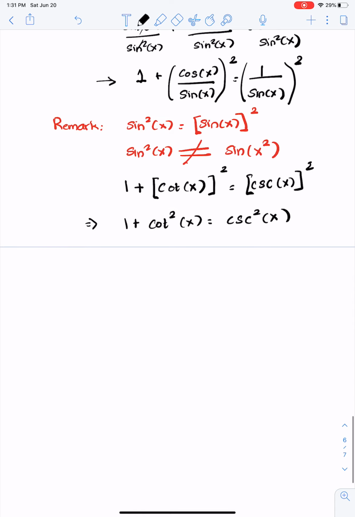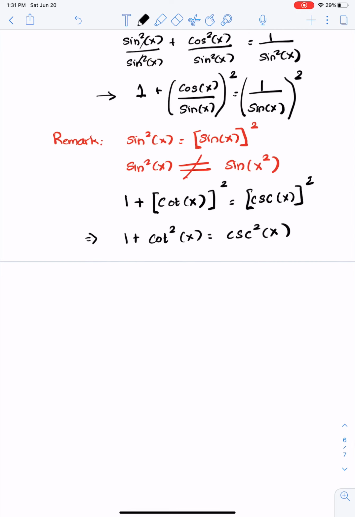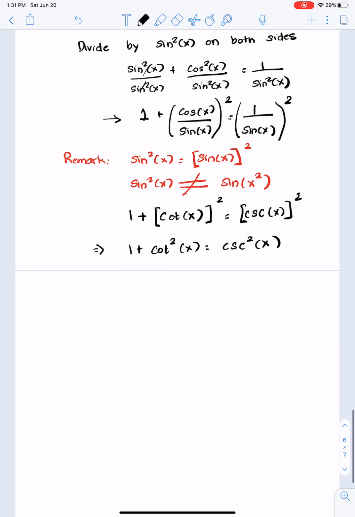Now, consider sine squared x plus cosine squared x equals 1.